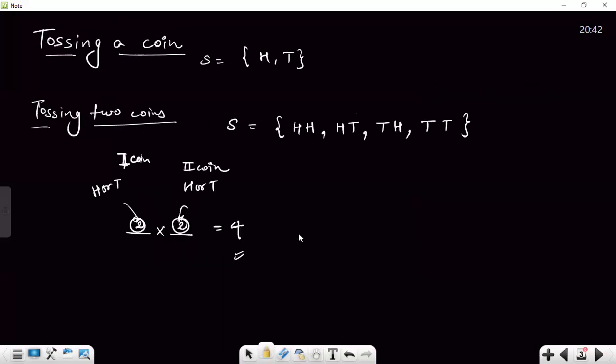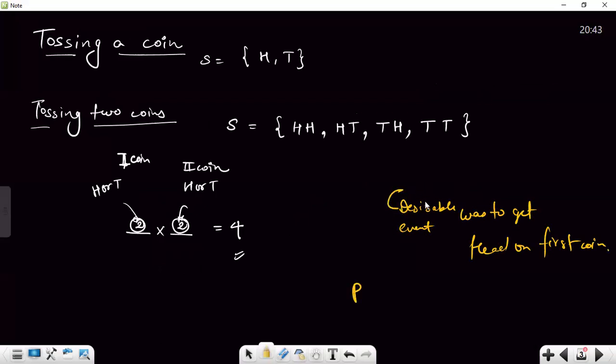When we were tossing two coins, let us say our desirable event was to get a head on the first coin. Now the probability of our desirable event, which let's call X, will be the total number of elements in the sample space, which are 4.